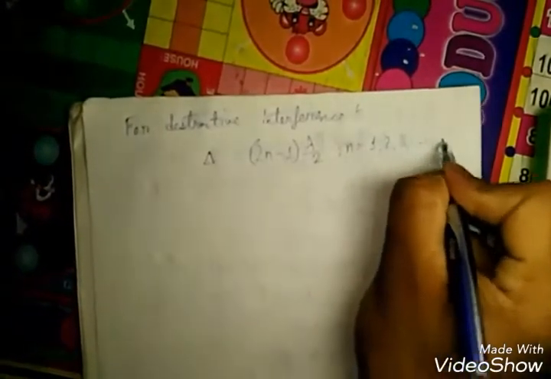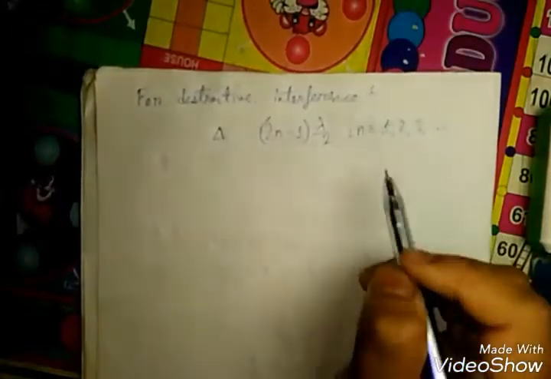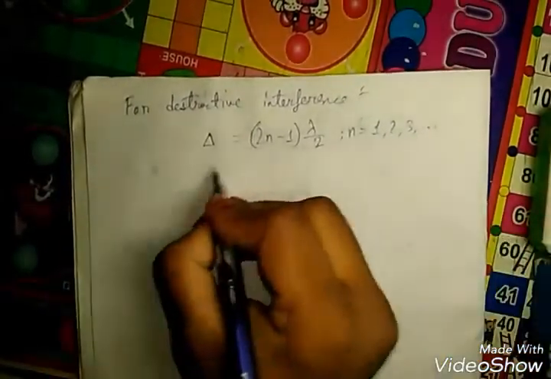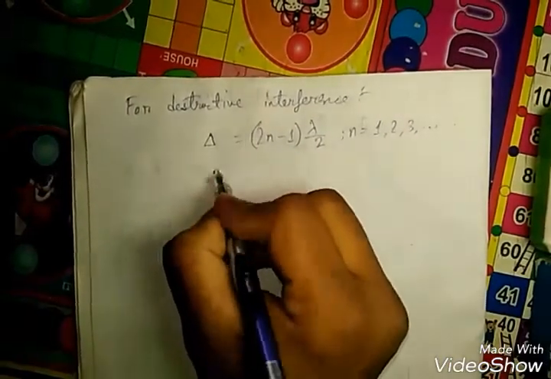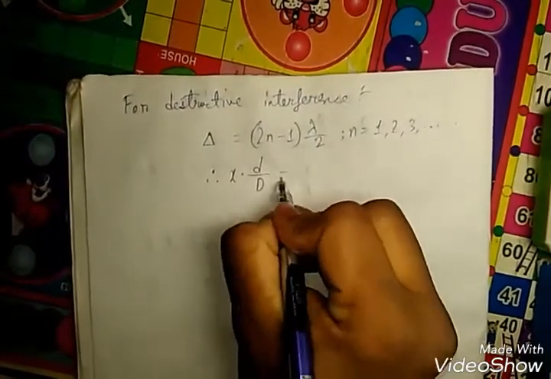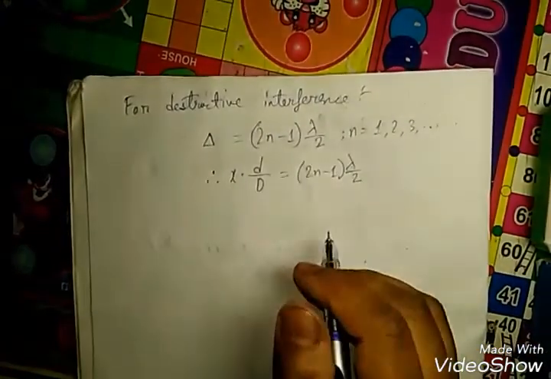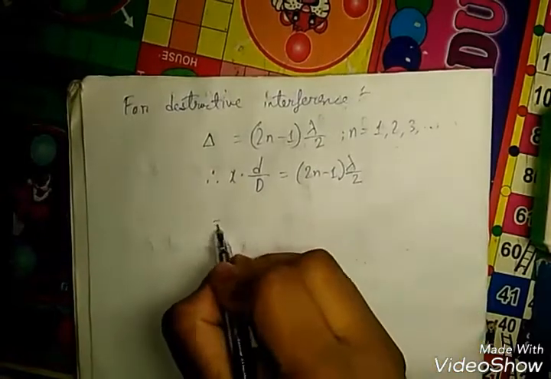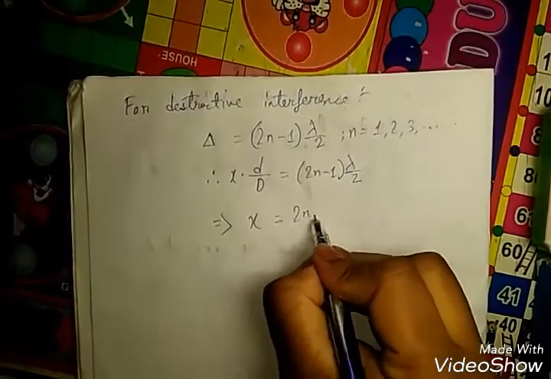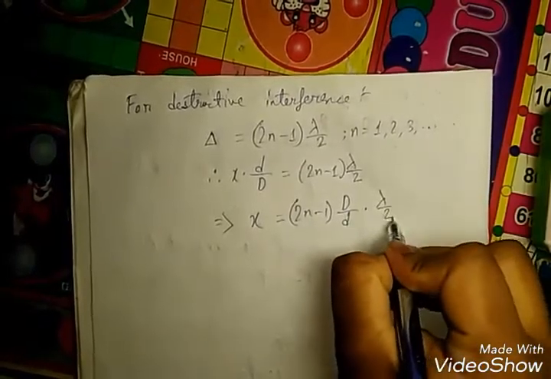We cannot take n as 0, as n is already 0 in the bright fringe. For the path difference, we can take x into small d by capital D is equal to (2n minus 1) lambda by 2. Now the same we can solve for x. We get x is equal to (2n minus 1) capital D by small d into lambda by 2.